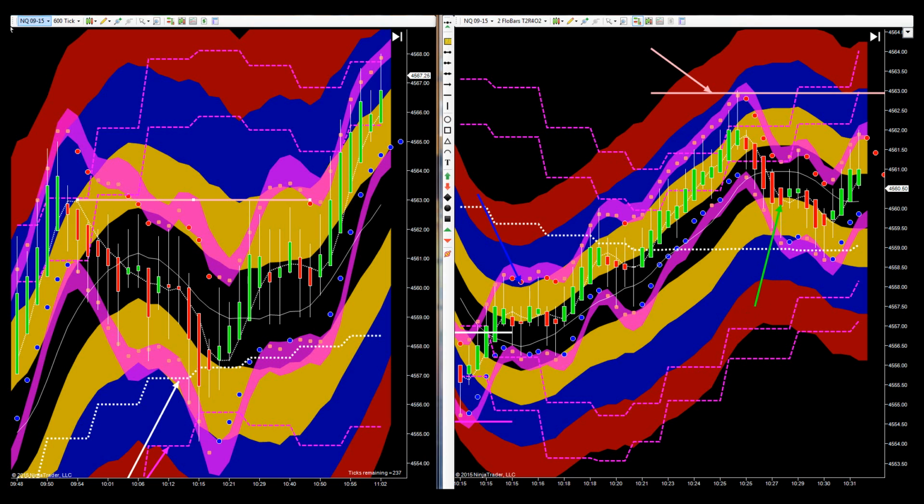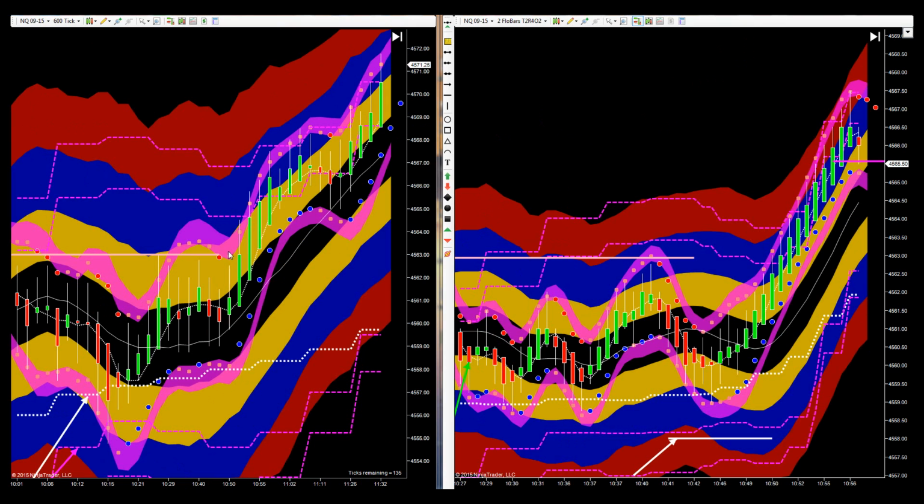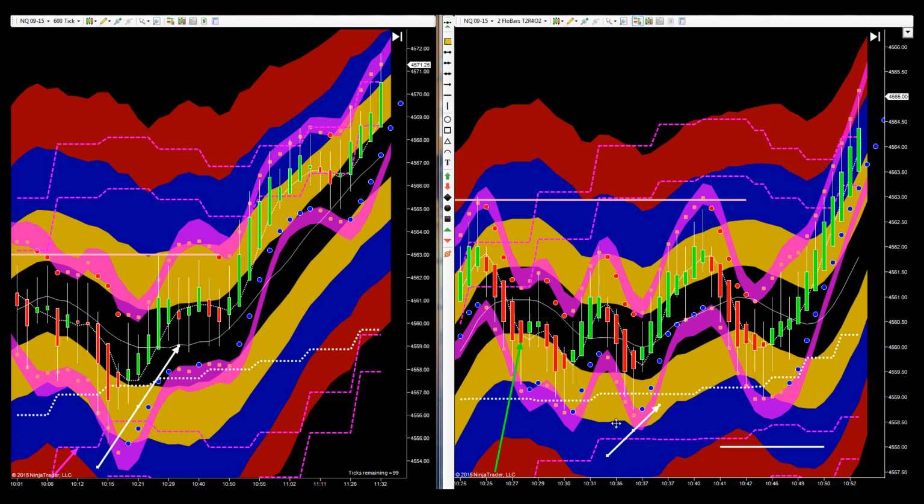So a little bit more on this particular trade. Our trader does recognize though that this white line is having an effect on price and pushing up. And then also realizes that this solid midline drawn over here on the right chart, this dotted line, is actually having an effect on price as well.